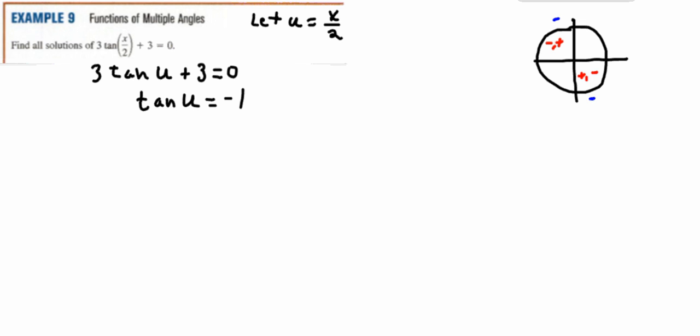So I can say that my u is equal to the pi over 4 angle in quadrant 2, which is 3 pi over 4, and my pi over 4 angle in quadrant 4, which is 7 pi over 4. So there's my two angles that u is equal to.